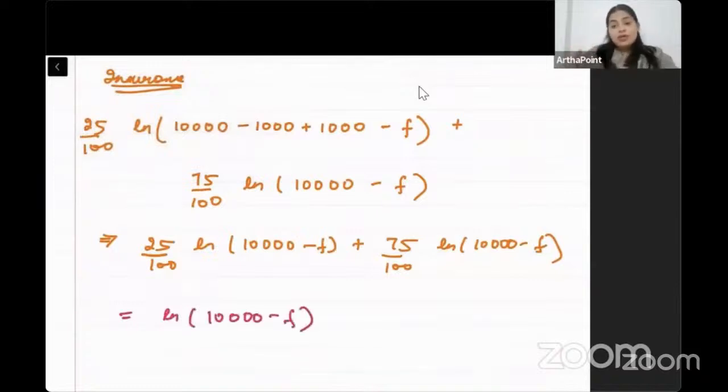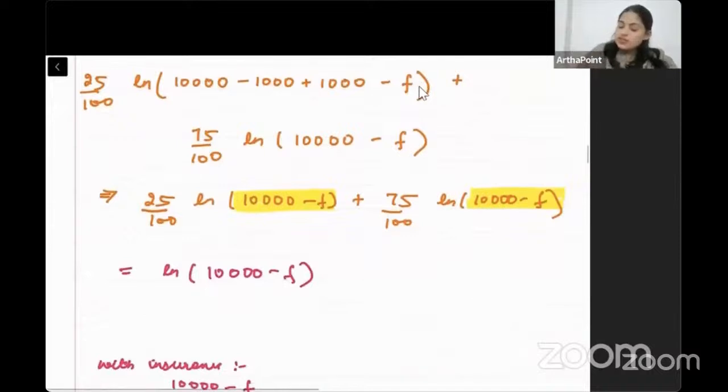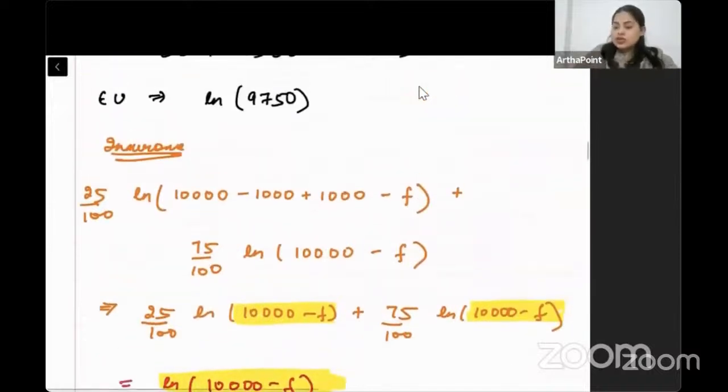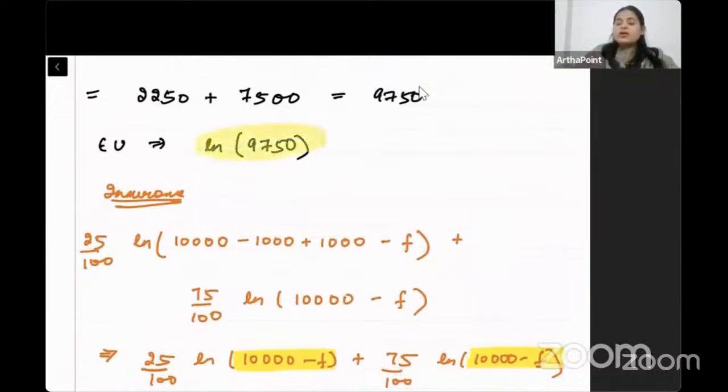If you remember in class, we did this: you will always end up with the same money when you take insurance. The job of insurance is to bring you to the same state. So your net wealth will be the same if you take insurance, because you are getting full coverage there. This will be your utility from insurance, and this will be your utility from not taking insurance.